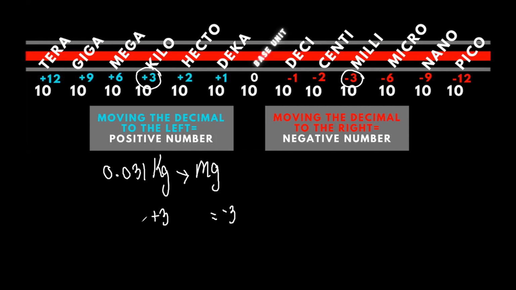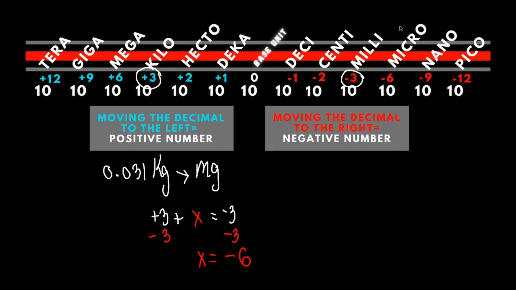So you will ask yourself, positive 3 plus what is going to give me negative 3? So again, you're going to go ahead and solve for x. Whatever I do on this side, I have to do on this side. And x is going to equal negative 6.